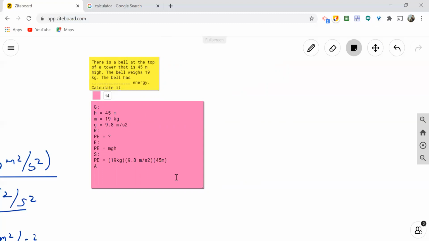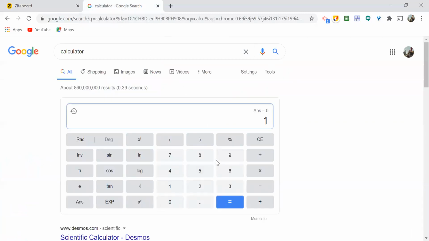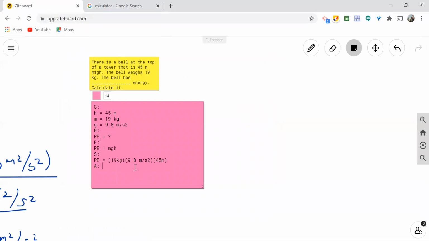And our answer right now is, we're just going to multiply it all. 19 times 9.8 times 45 for the height is equal to 8,379. Then copy the unit, which is kilogram. Okay.